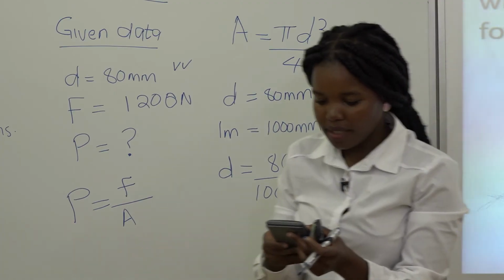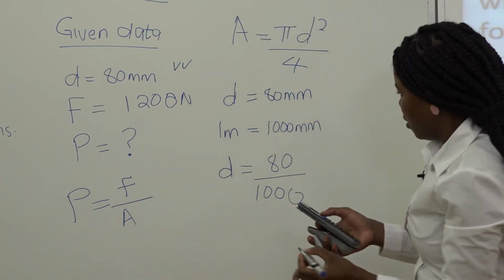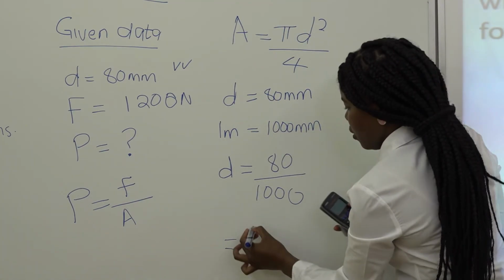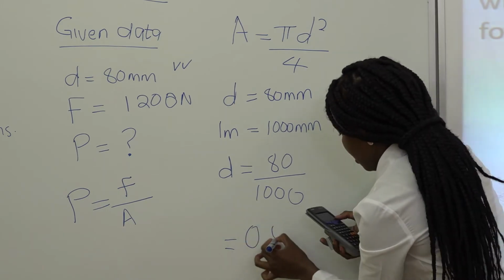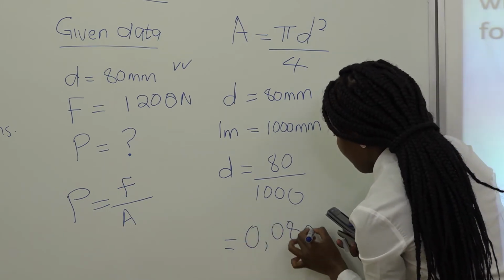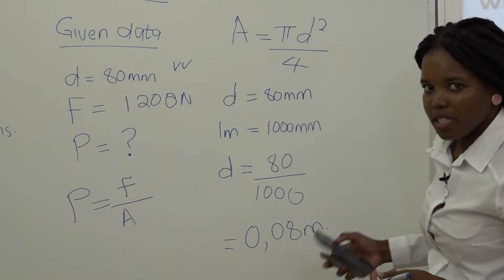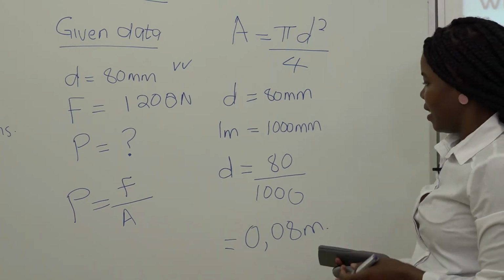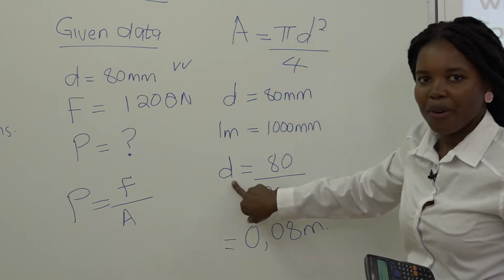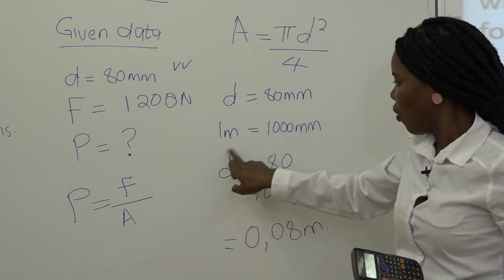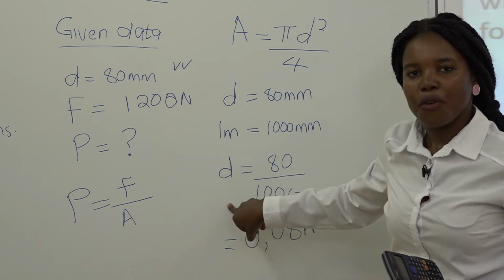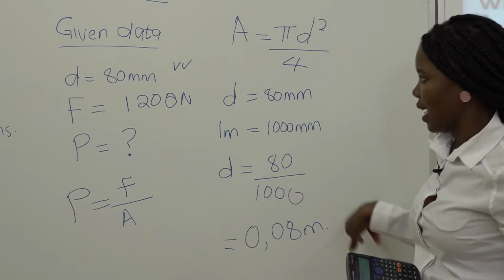From our calculators, you will get 0.08 meters. Remember, we're only converting the diameter from millimeters to meters.